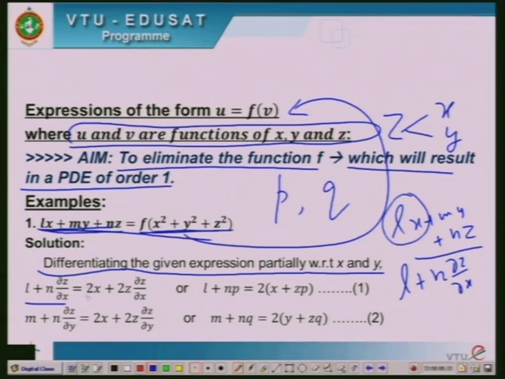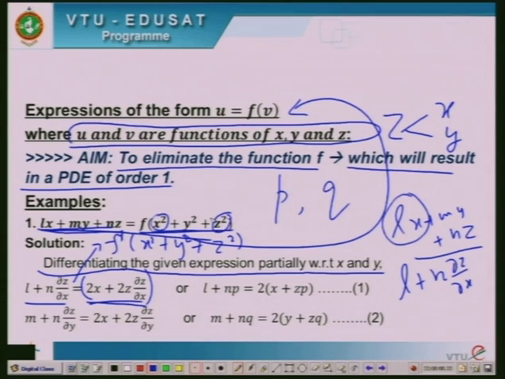Before this expression, you will differentiate the function f, which will give you f'(x² + y² + z²). So, how will the derivative be? First, lx + my + nz with respect to x will be l + n ∂z/∂x, equal to f'(x² + y² + z²) into the derivative of x² + y² + z² with respect to x, which will give you 2x for x², and for z² it is 2z ∂z/∂x.